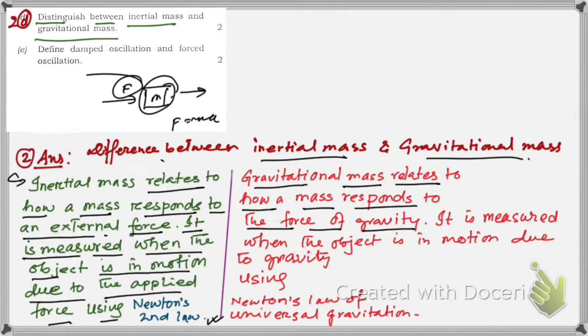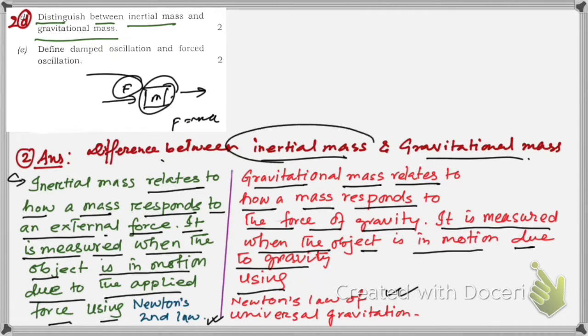It is measured when the object is in motion due to gravity, using Newton's law of universal gravitation. So these are the differences between inertial mass and gravitational mass. Now let's move on to the next question.